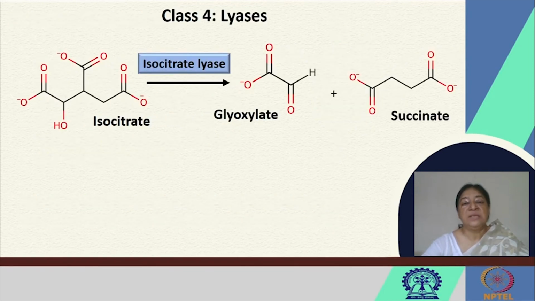In our class 4 enzymes, the lyases, we are going to look at the example of isocitrate lyase that, as the name implies, as we had looked at before, involves the cleavage of a bond, where we can see we have cleaved a bond in isocitrate to produce glyoxylate and succinate.